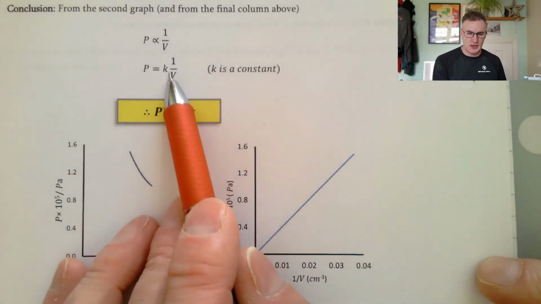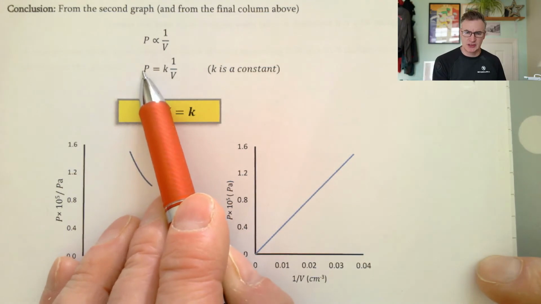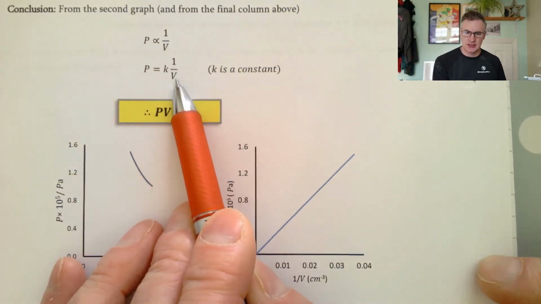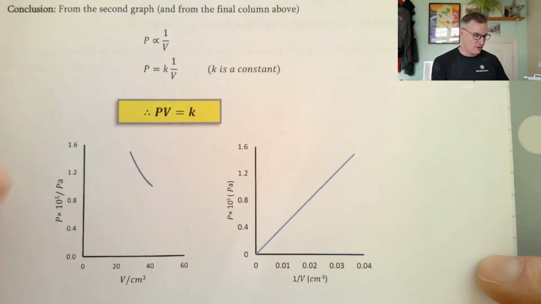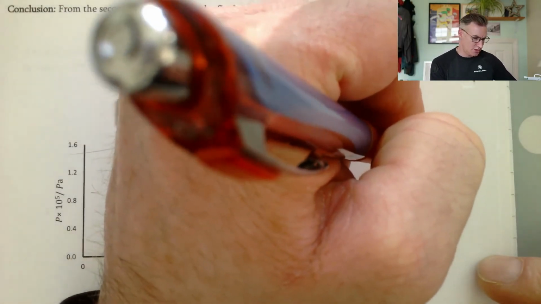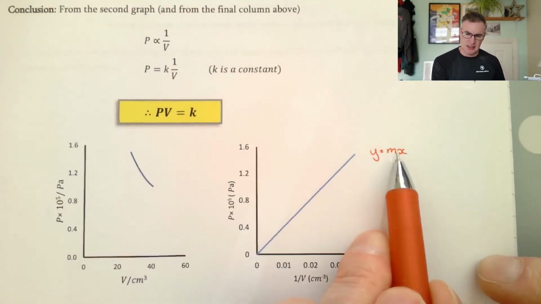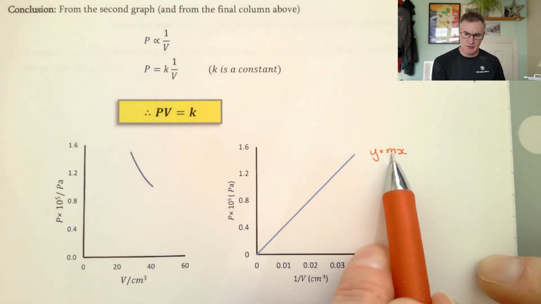From that, we can convert this into more of a mathematical formula. We can say pressure is equal to a constant times 1 over volume. Remember, this follows the equation of a straight line, y equals mx, where m is a constant value.